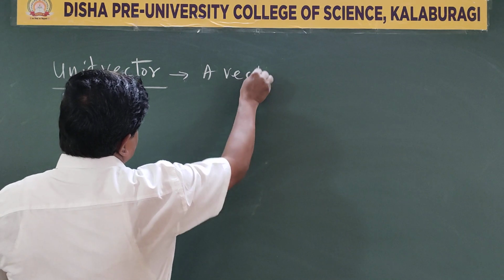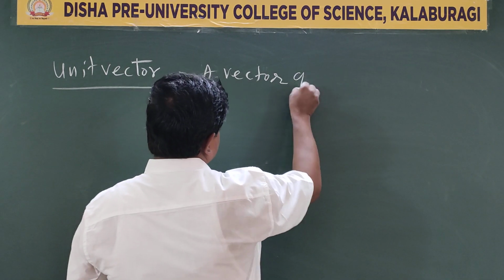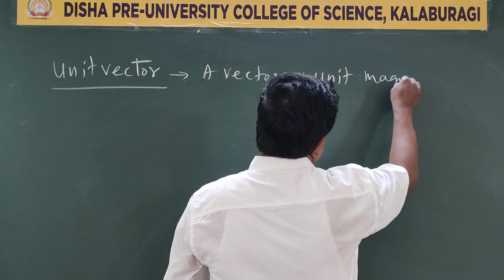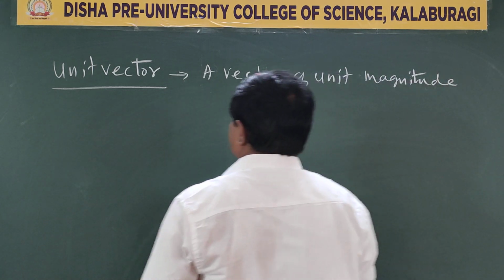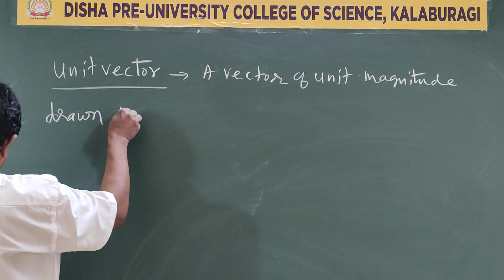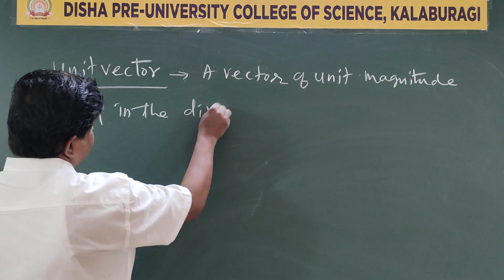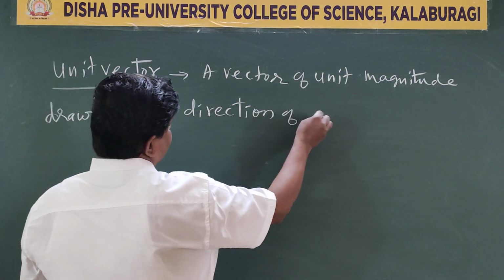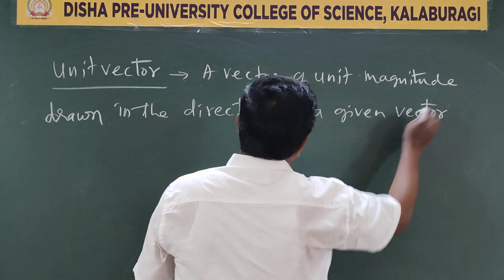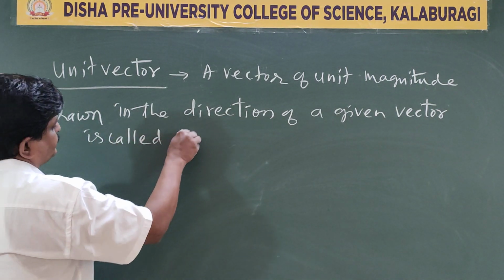A vector of unit magnitude drawn in the direction of a given vector is called the unit vector.